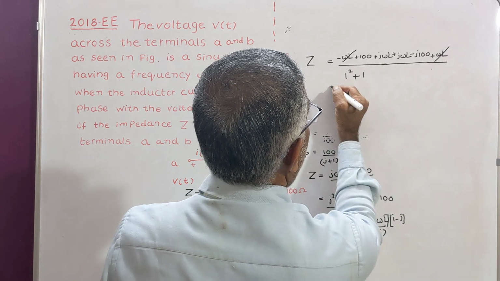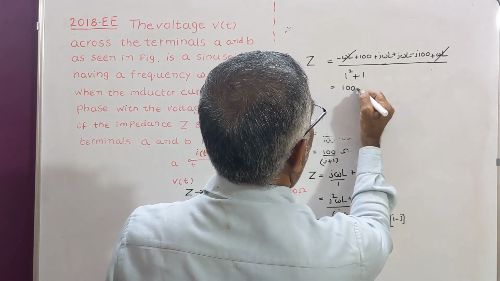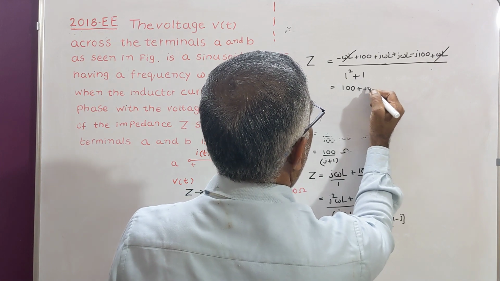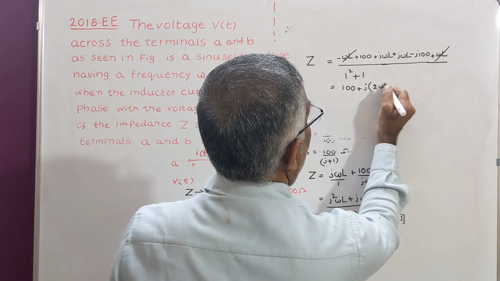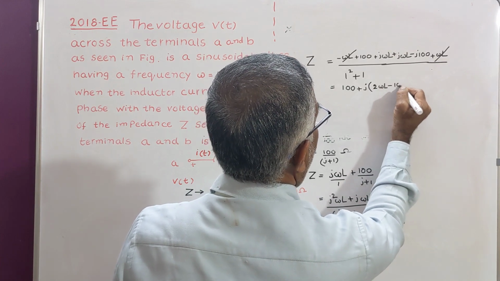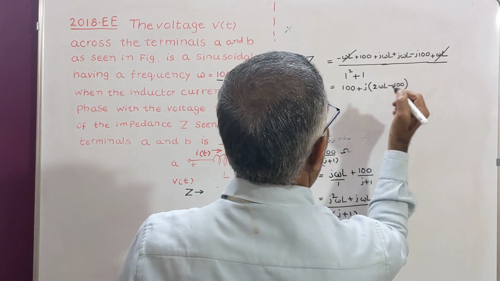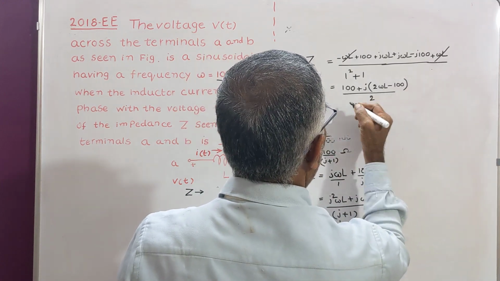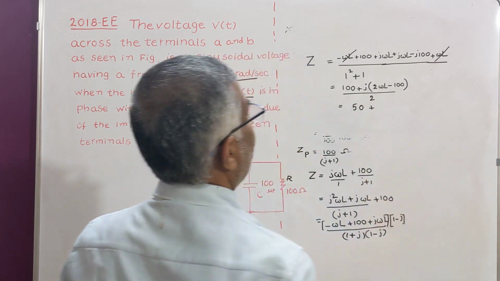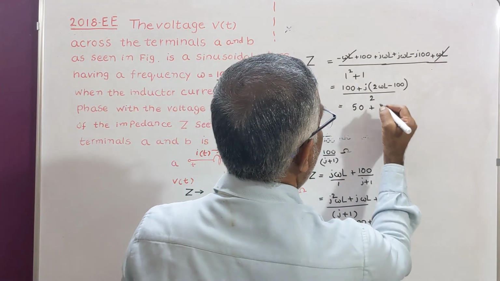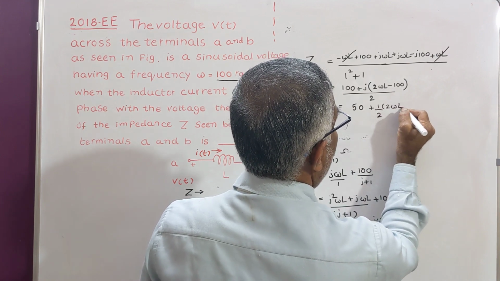Next, 100 plus j into 2 omega L minus 100, divided by 2. That is 50 plus j times half of 2 omega L minus 100.